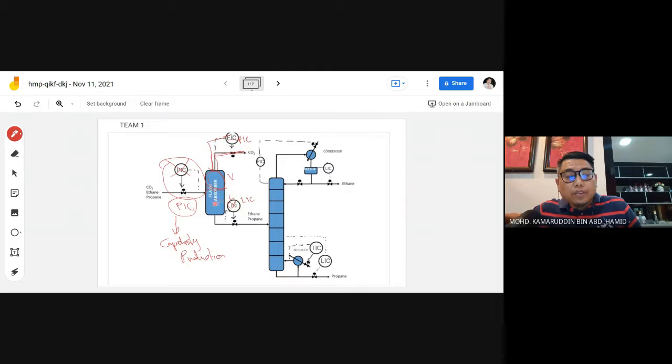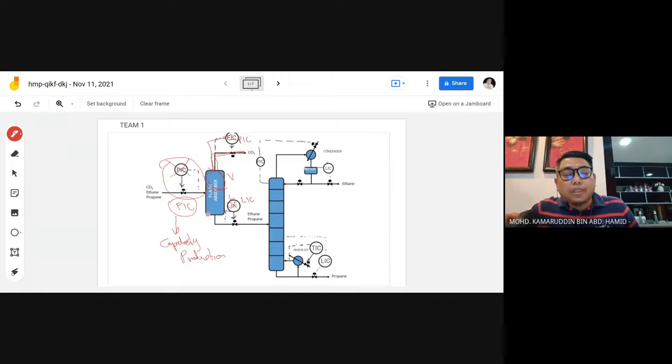Okay, so that's all for the flash. Since you have 3 control valves, you only have 3 control loops. Usually when you want to design a control system, just look at the number of control valves available.